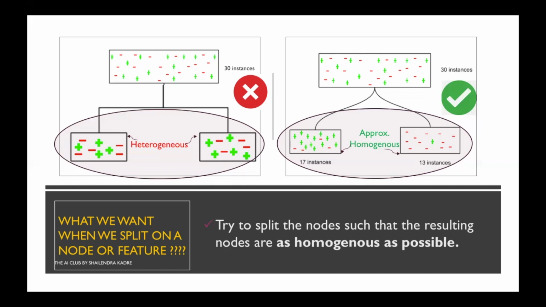So the thing is, try to split the nodes such that the resulting nodes are as homogeneous as possible. This is the rule of thumb that we have to use while creating the decision tree: try to split the nodes such that the resulting nodes are as homogeneous as possible.